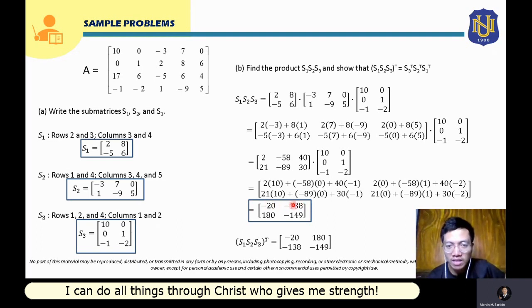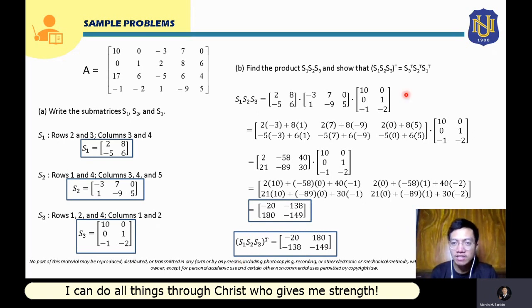So this row, negative 20, negative 138, we make it the first column, and then the second row, 180, negative 149, we make it the second column. So this will be the transpose of the product S1 S2 S3.